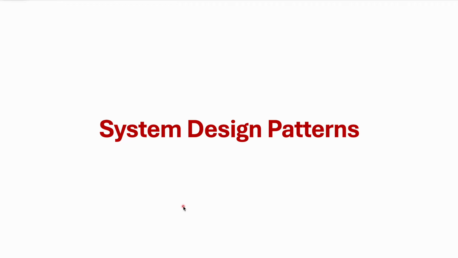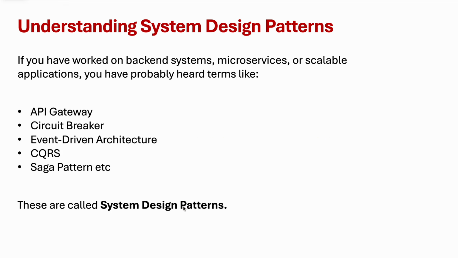Welcome to the Localhost Lab, and today we are looking at system design patterns that we commonly use while building scalable software. So let's see. First, let's understand what system design patterns are.